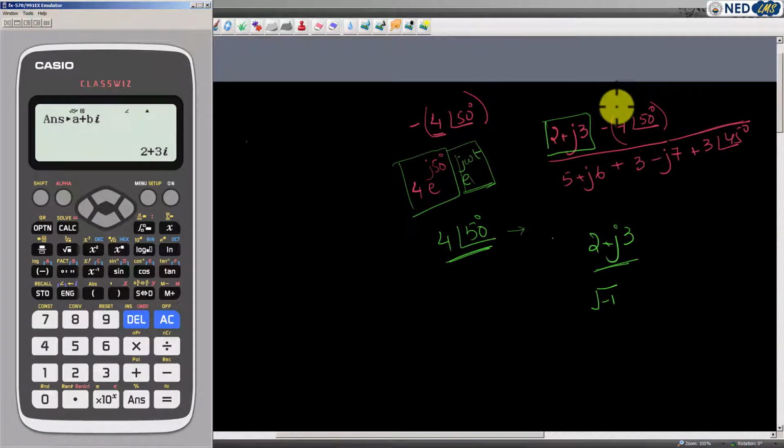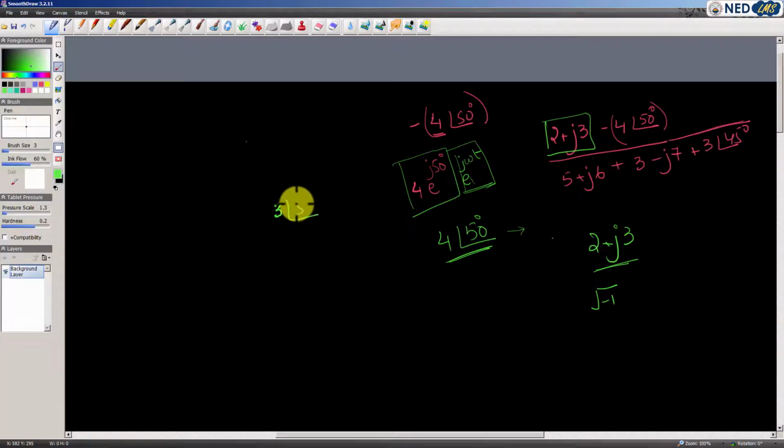Let's say I have this number, 3 angle 50 degrees, and let's say that might have been some voltage. We are going to evaluate this expression in a moment. So if I write 3 angle 50 degrees, that is a voltage, and let's say omega is given as 1000 radians per second. I can easily convert this using the formula Vm cos omega t plus theta.